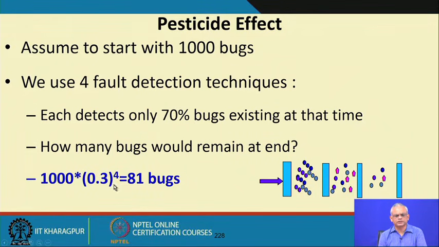So, the total surviving bugs out of the application of these 4 techniques is 81 bugs in this program, and this is a big number of bugs, 81 bugs. When the users encounter these bugs in failure, they would be extremely unhappy and they will call it a poor quality software, and therefore, we need to have many more bug filters such that the bugs reduce to a very small level.